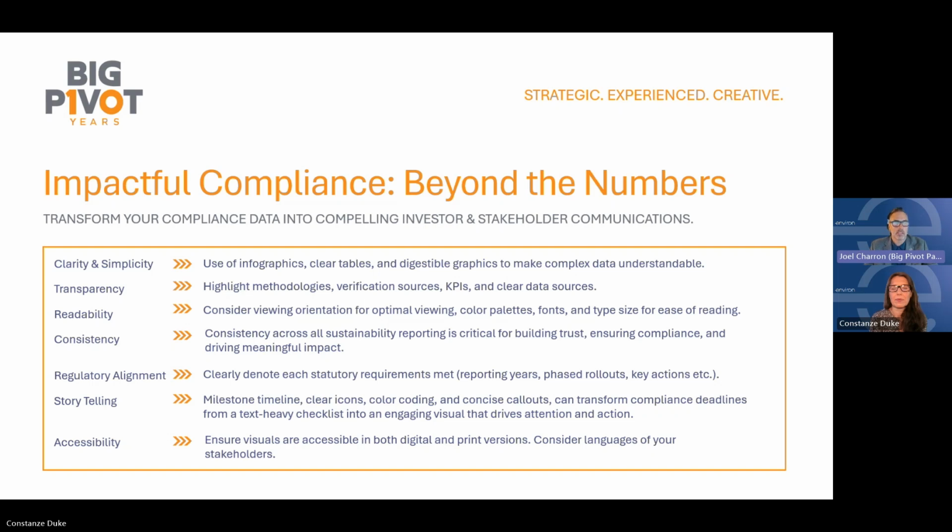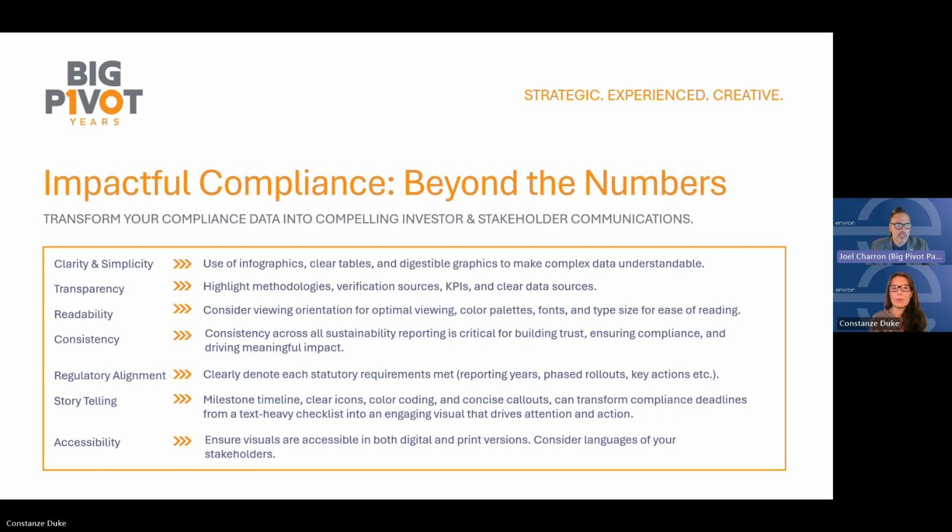So clarity and simplicity, using infographics, clear tables, digestible graphics, really scannable information. So as a reader, as a user experience, you can get the gist of the information, but also obviously being in compliance, which leads me into the transparency component, highlighting your methodologies, your verification sources, KPIs, and other clear data sources.